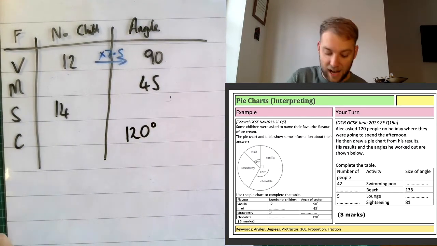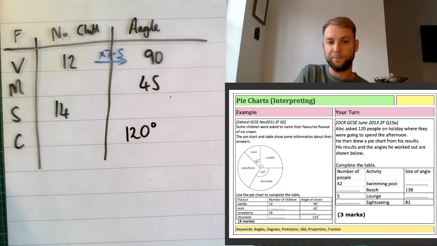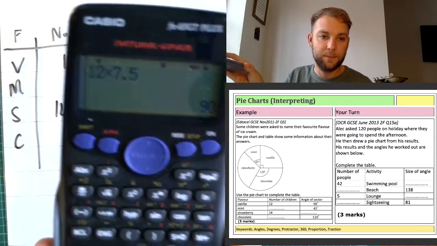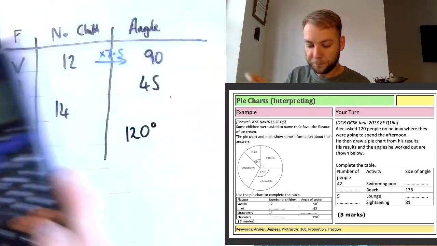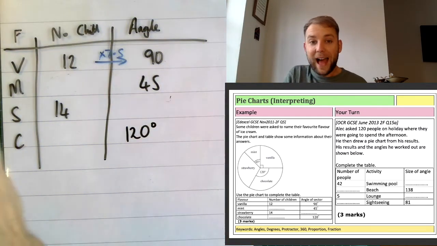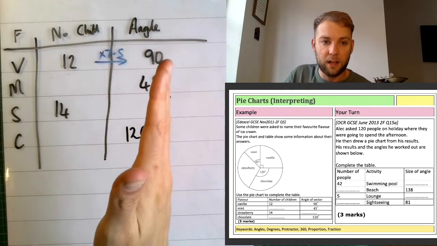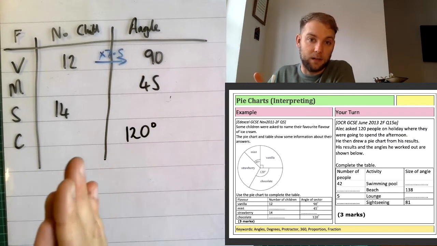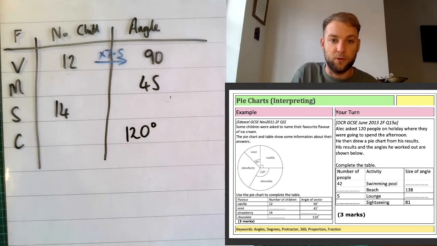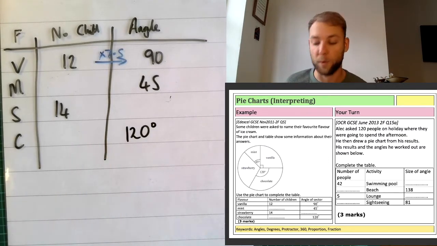Which means that if I times 12 by 7.5, I will get my angle. In this case, it is 90. So you can now use this multiplier to either get to your angle or get to your number of children, because everything, as I said, is in proportion.